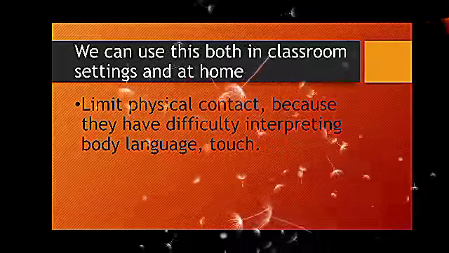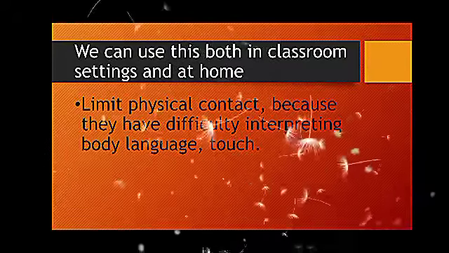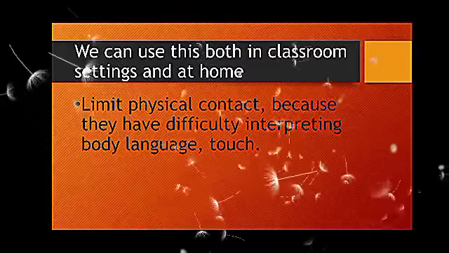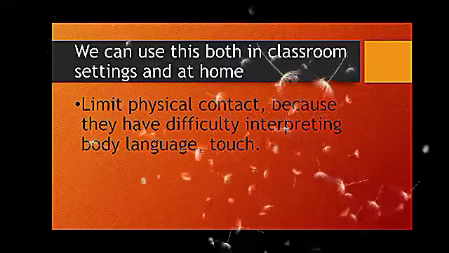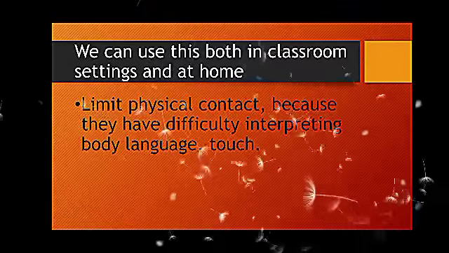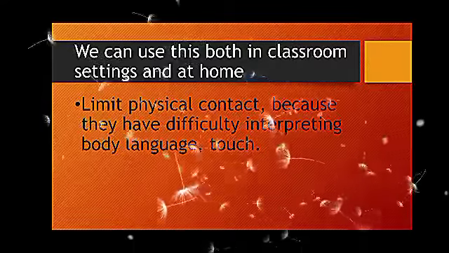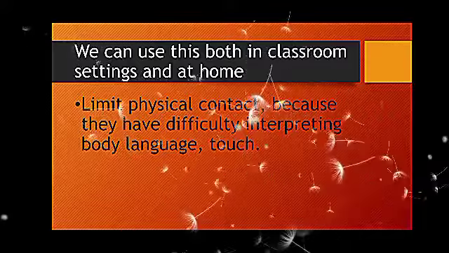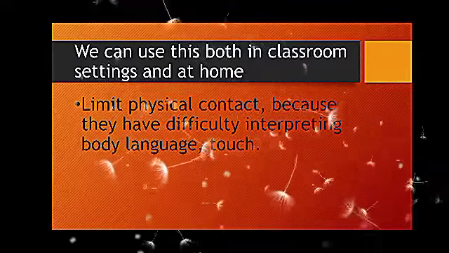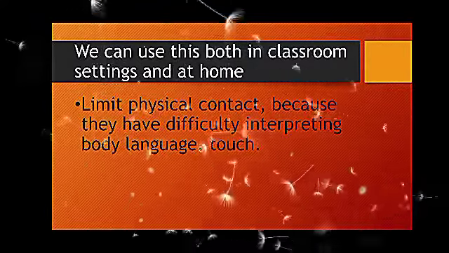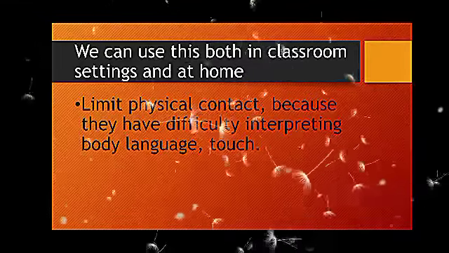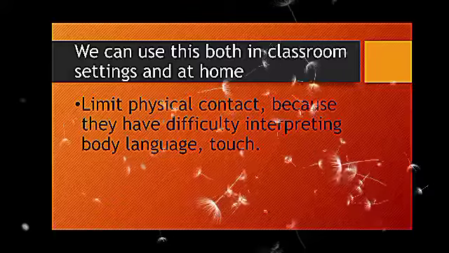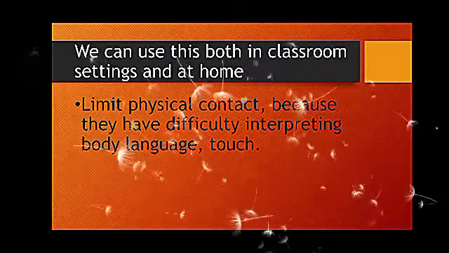Next is limit physical contact, because they have difficulty interpreting body language and touch. We never touch them, basically not never, when we actually need to, we can, but not all the time, not in 70% or 80% of cases, because they cannot interpret our body language. They have difficulty and problems with social cues and social communication.